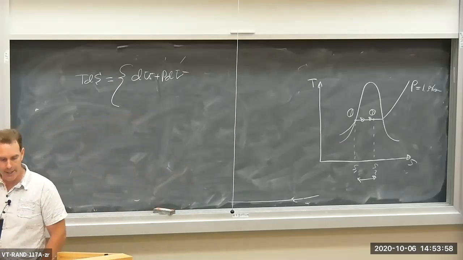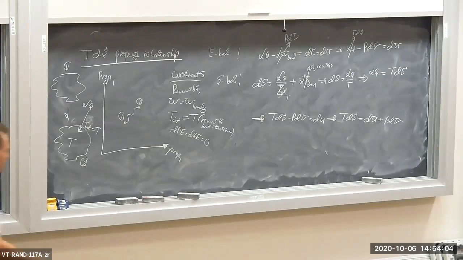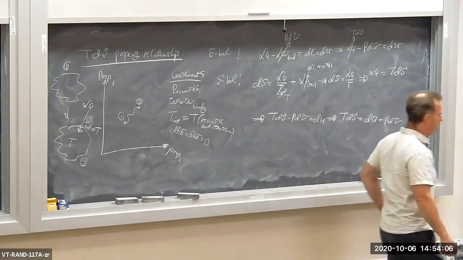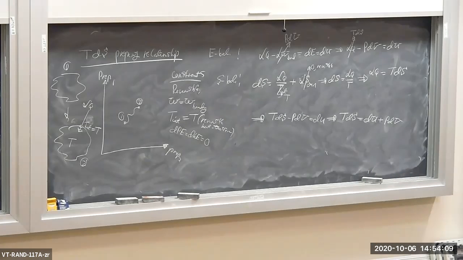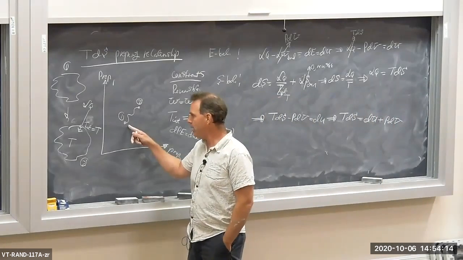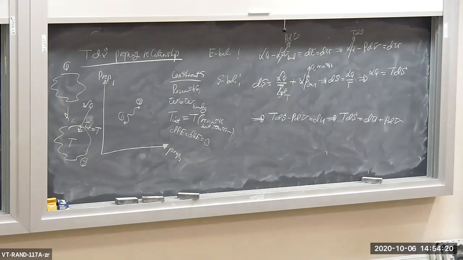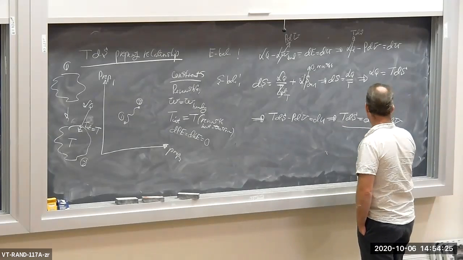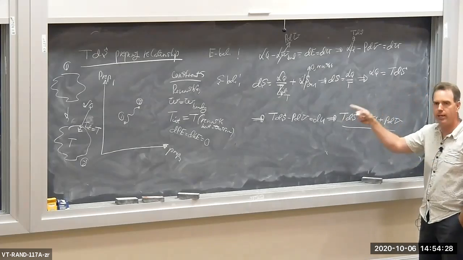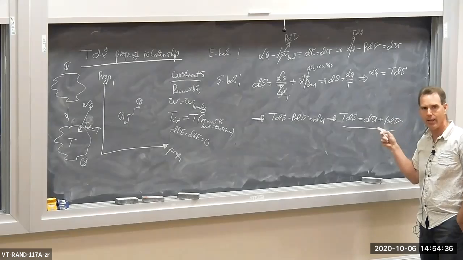Now, before we get too excited, I want to point out that we had a bunch of restrictions here, primarily that the work was boundary work and the process is reversible. Well, guess what? Entropy is a property, so its change is path independent. It's a point function. In the equation T dS equals dU plus P dV, everything is a property, a point function. So this equation is valid regardless of path.